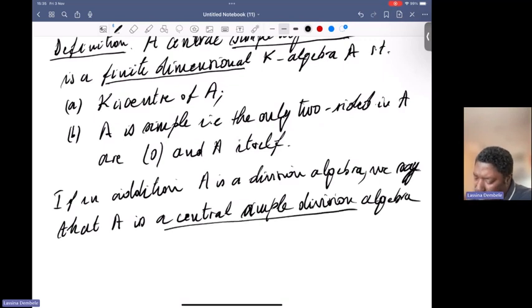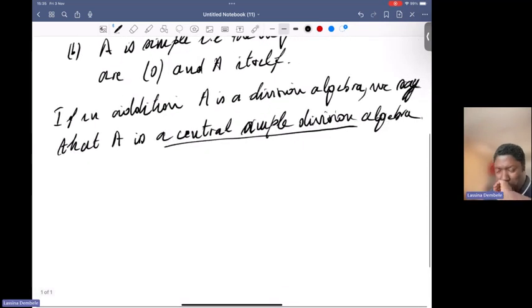Okay, so these are more or less things that we saw already. Now we are going to give a theorem which gives a characterization of central simple algebras.